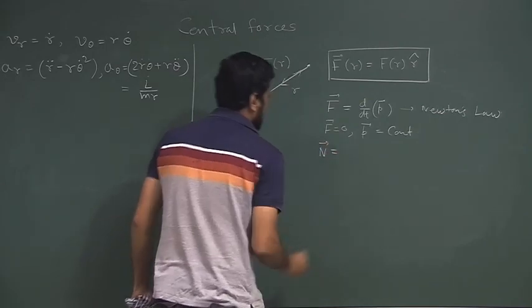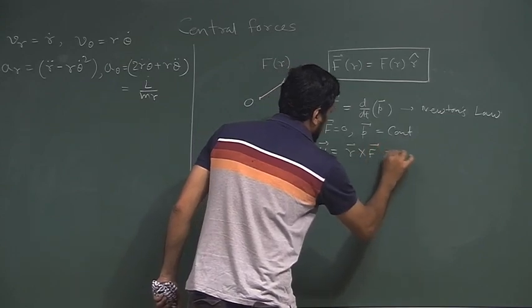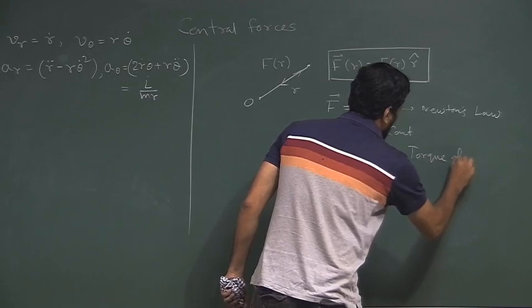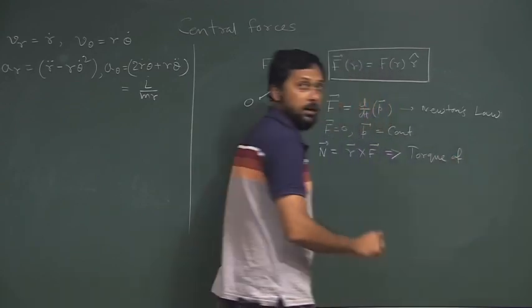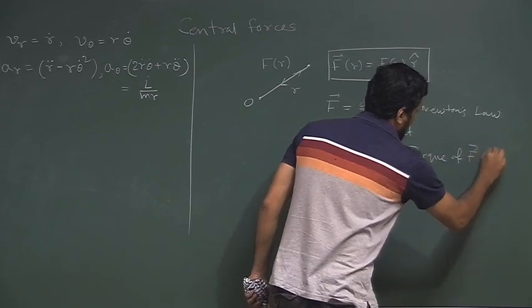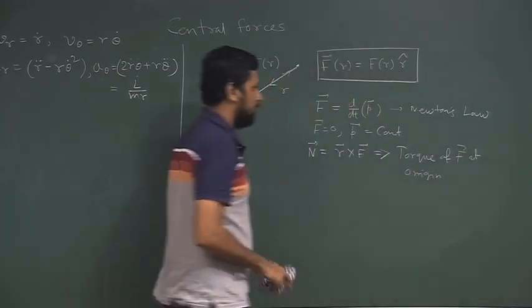N is equal to r cross F, it is the torque of F at origin.